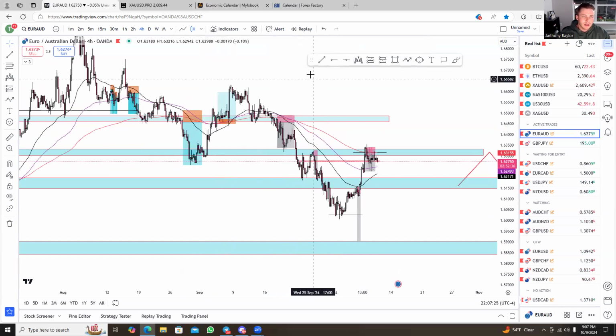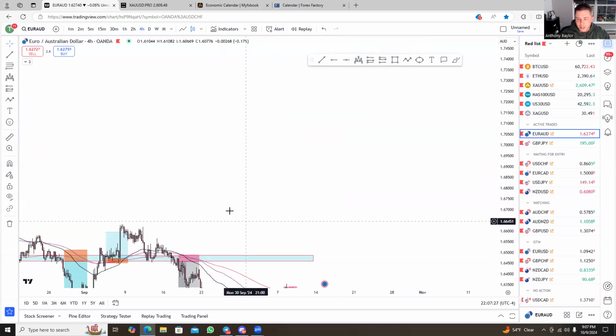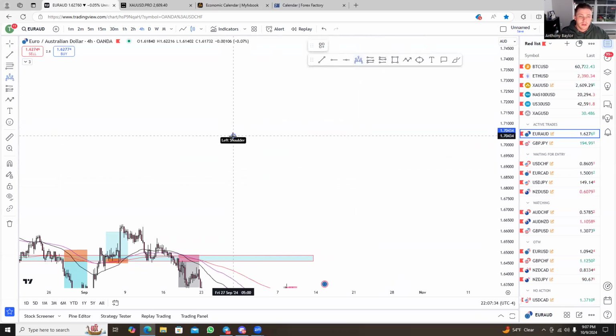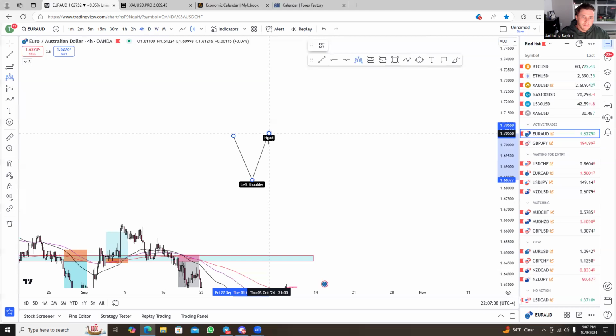Okay. So now with that being said, what is an inverted head and shoulders? Inverted head and shoulders is the exact opposite, right?